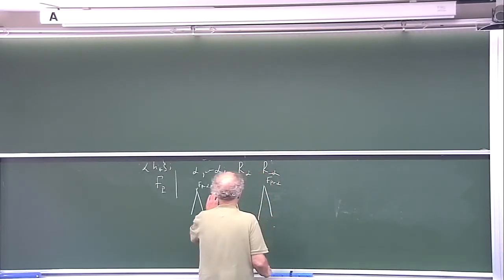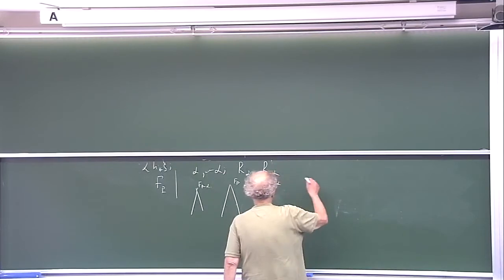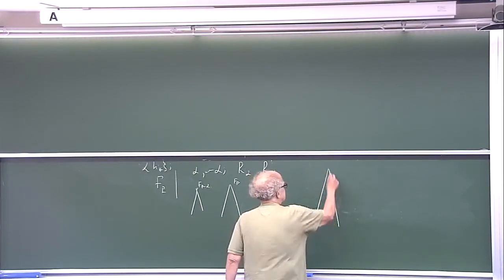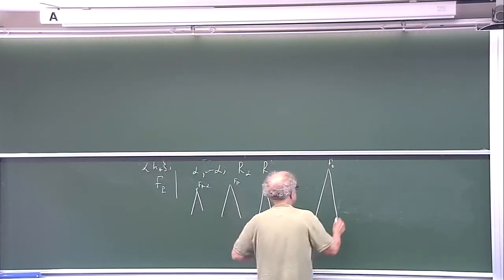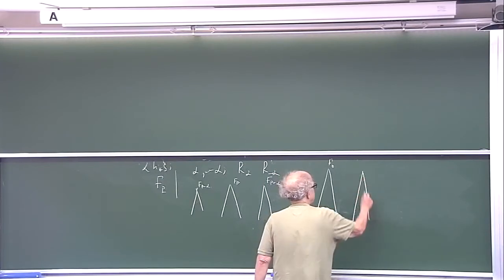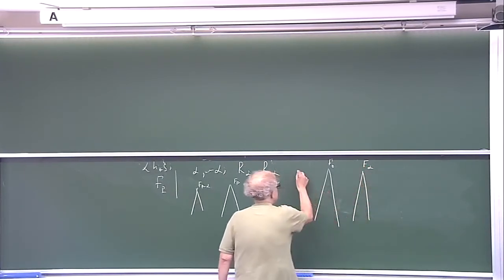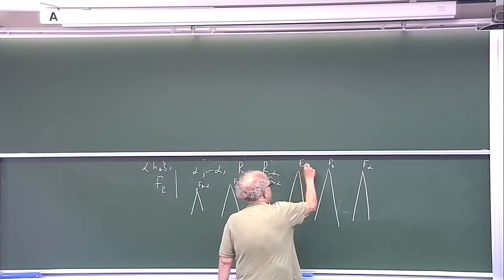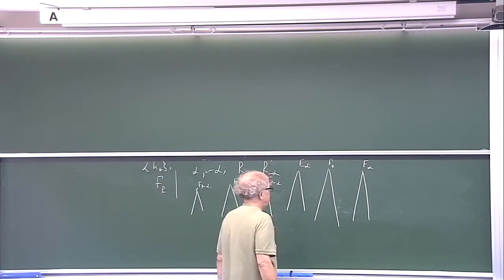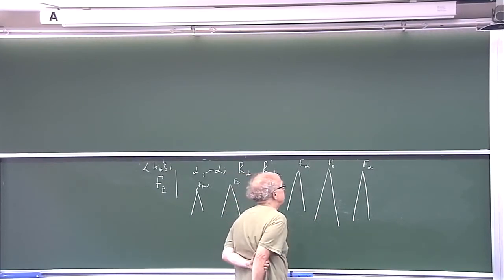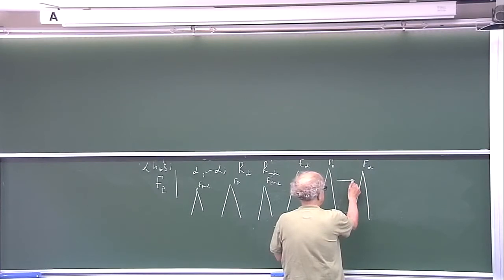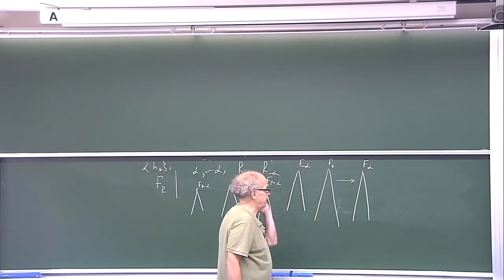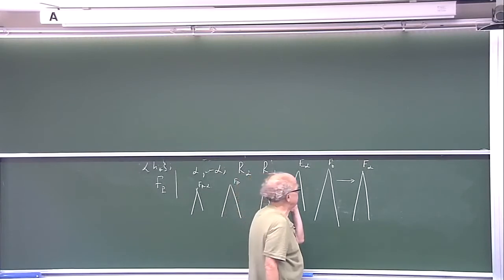For example, I have F0, which is a Fock space, and I have F alpha, and I have F minus alpha. Before there was just the irreducible representation of Heisenberg, but now here I have a new morphism, which is constructed this way.